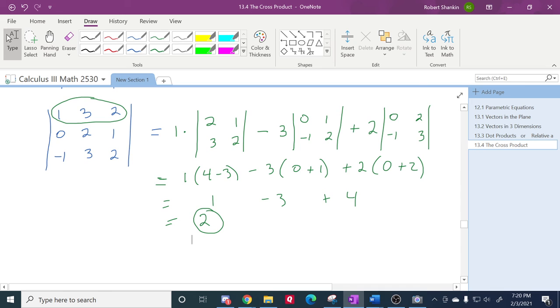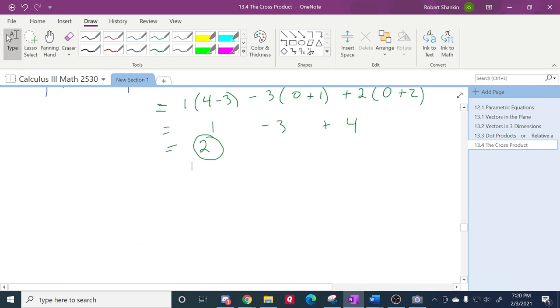Right. And the theory goes that you could pick any row or any column to follow along, but for all that we know, for all that we need, we just need to know how to go across the top row.